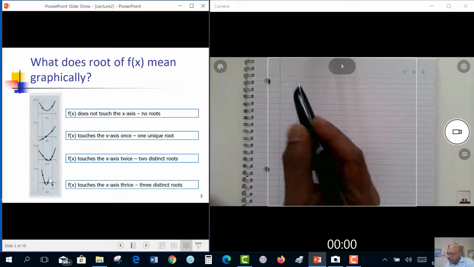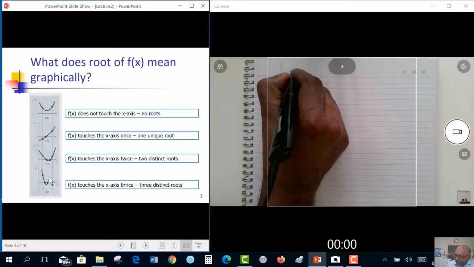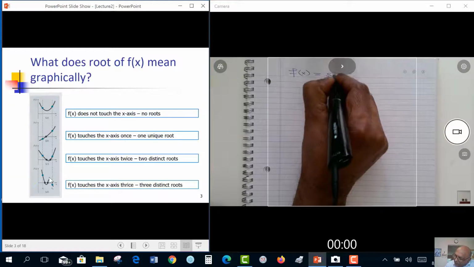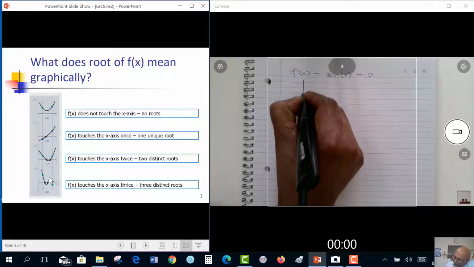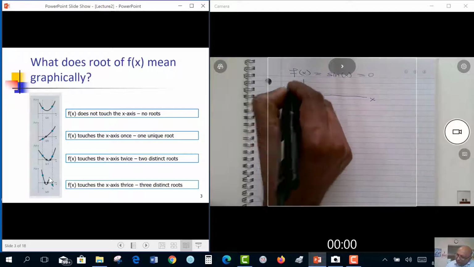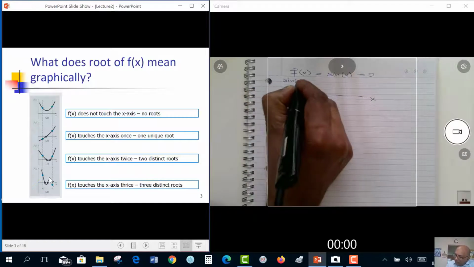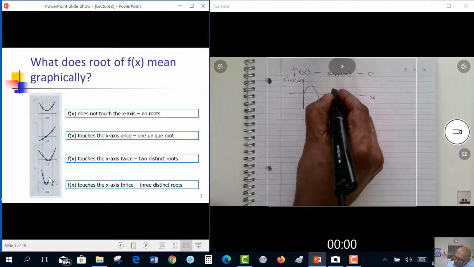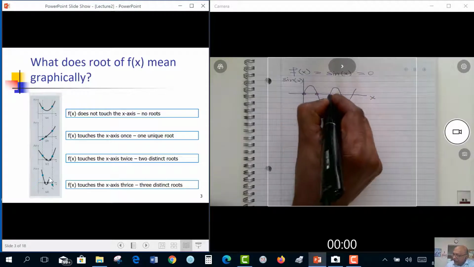So let's consider a very simple case. Let's suppose our function was sin x. We wanted to find its root. So sin x is equal to 0. So we look at our plot. So we have sin x, we plot it. And of course, it has many, many roots that we know.